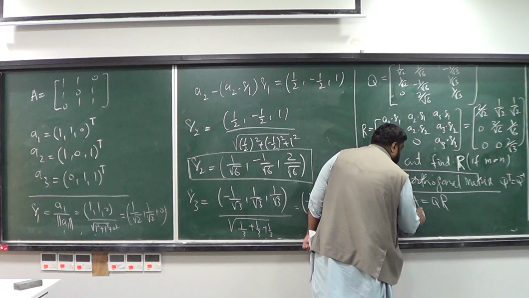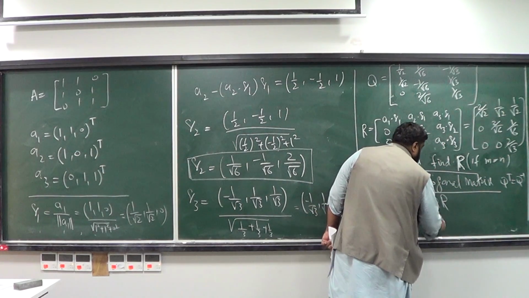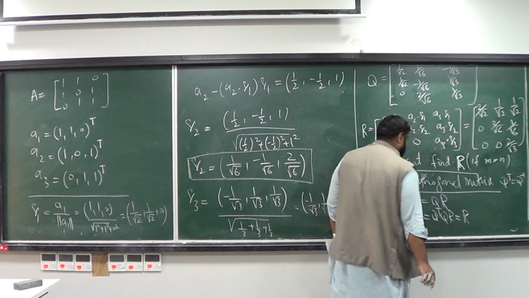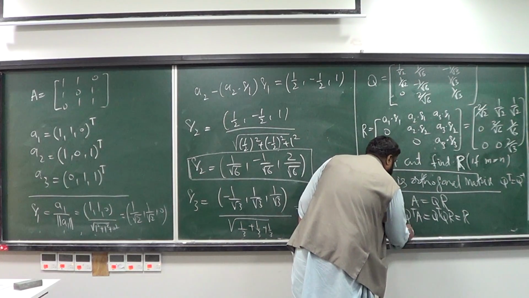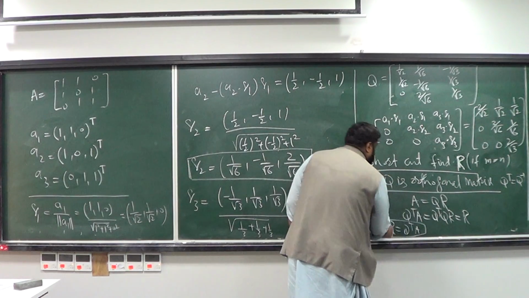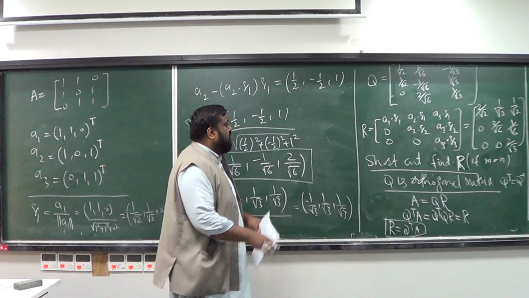So if you multiply Q transpose A, it's going to be Q transpose QR, which is equal to R.